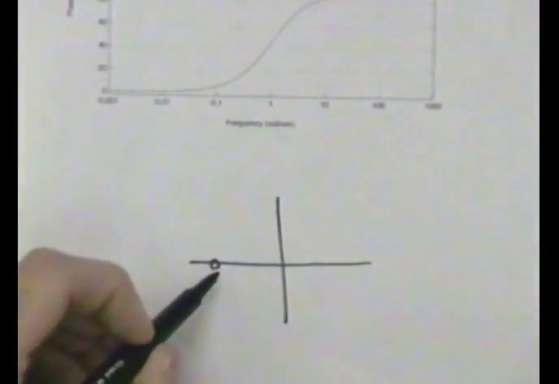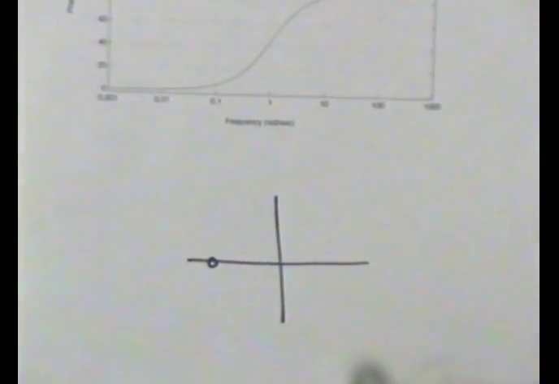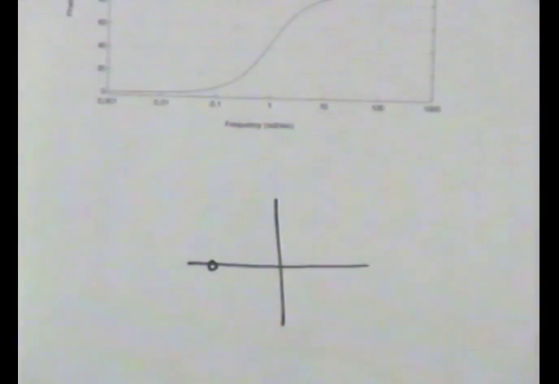When we put a 0 here, if you do the same analysis, find the magnitude and the phase and so forth, you notice that there's only one single difference. In this case, you don't have this minus sign to worry about.